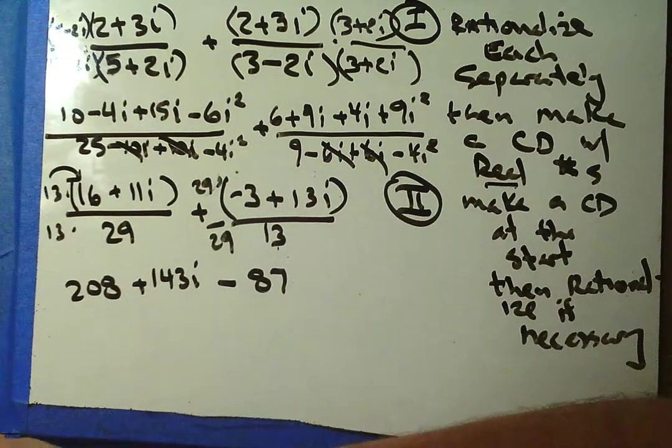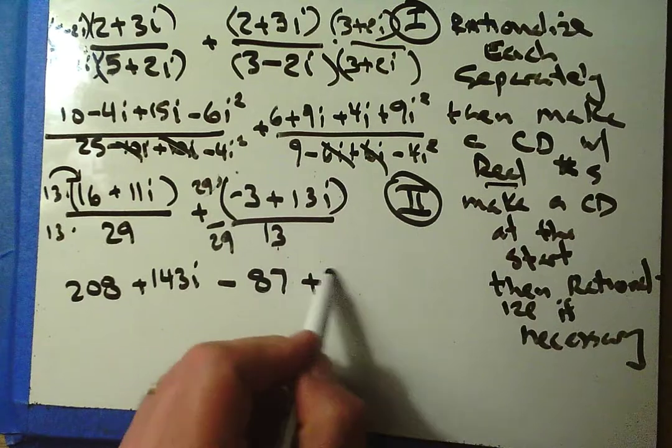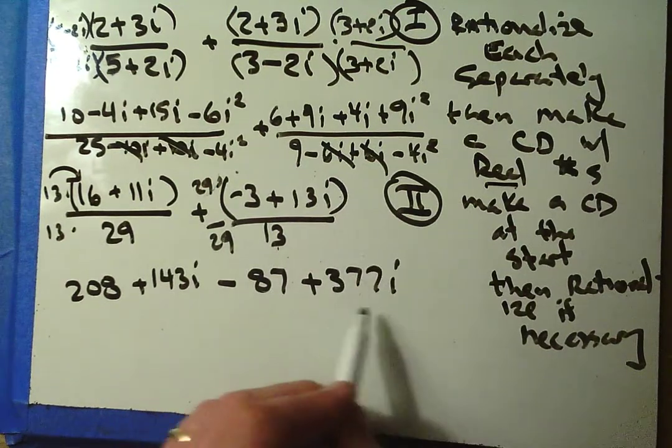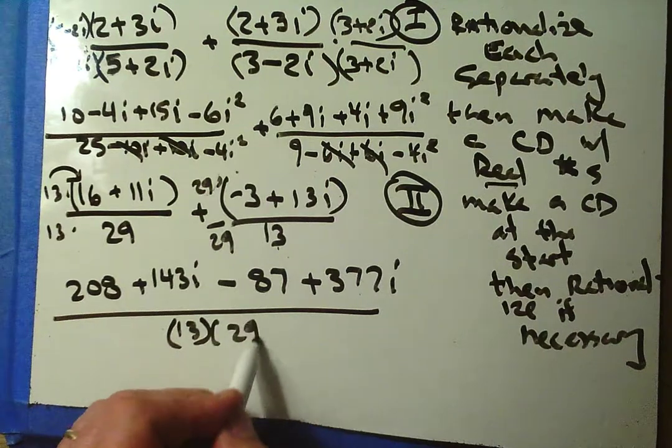And then 29 times 13 gives me 377i, all over the common denominator of 13 times 29.